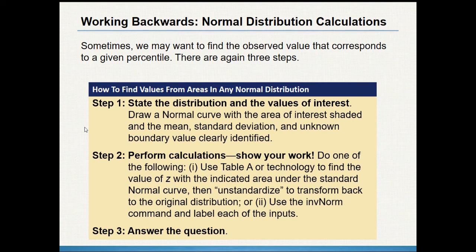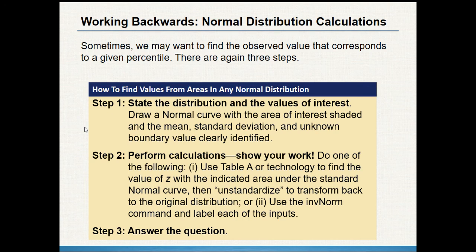In inverse norm, when you do that one on the calculator, it's going to ask for the area. So that's the percentile. If you want the 80th percentile, let's say that the mean is a 55 and the standard deviation is an 11.